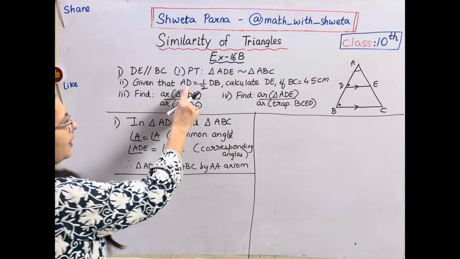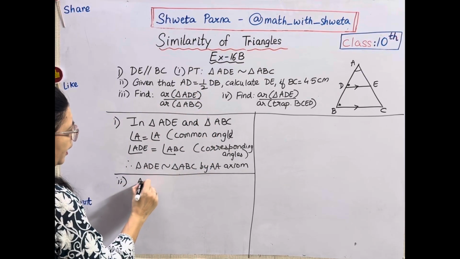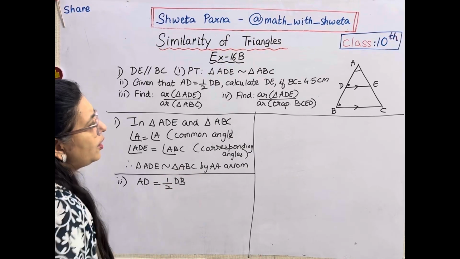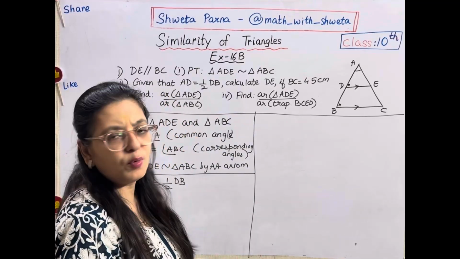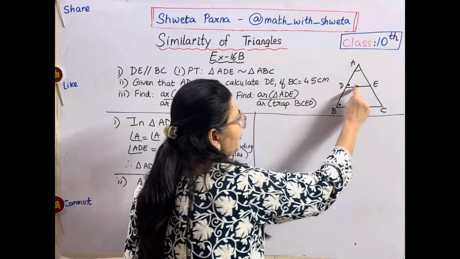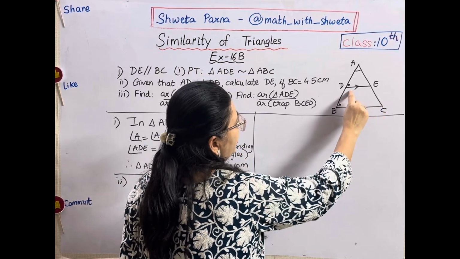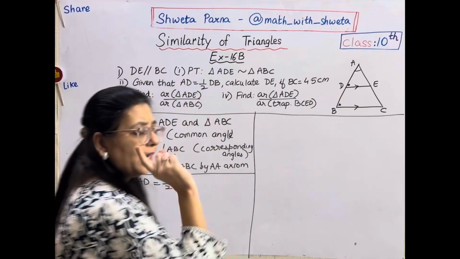This becomes your first part of the answer. Second, given that AD is equal to half DB, you have to calculate DE if BC is 4.5. Now you have proved that this triangle is similar to this triangle, correct? Now DE you have to calculate, BC is given, and this one hint is given.